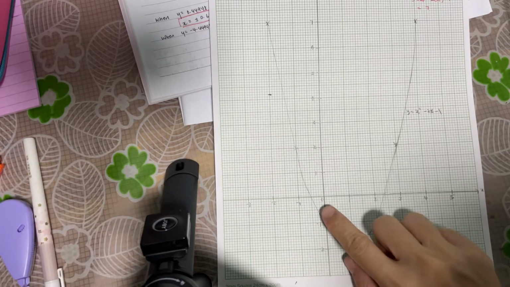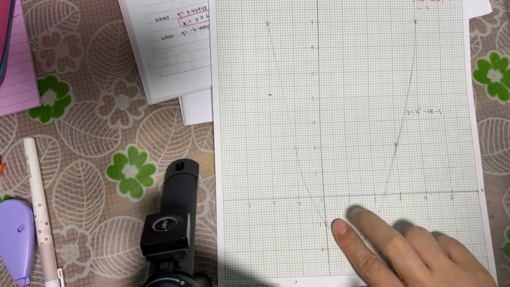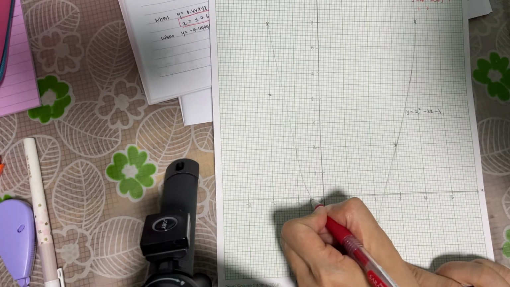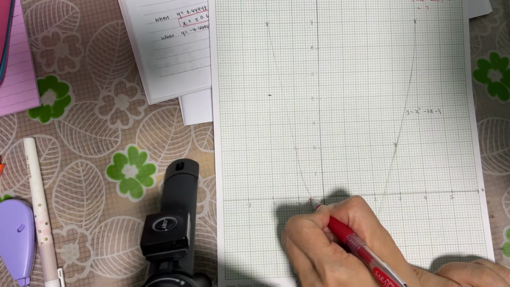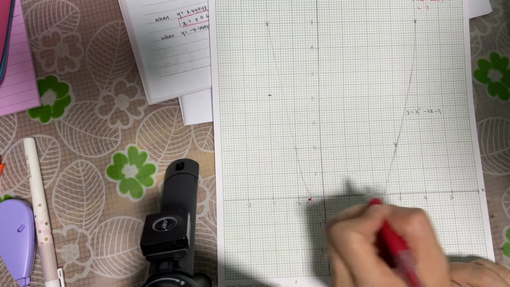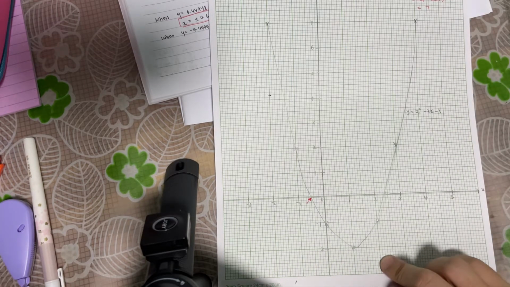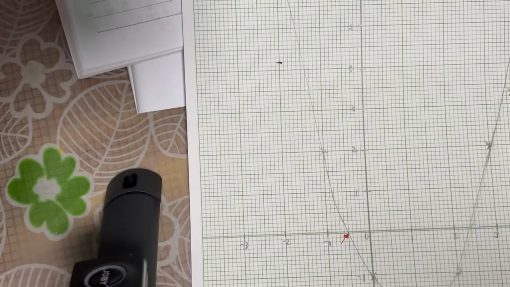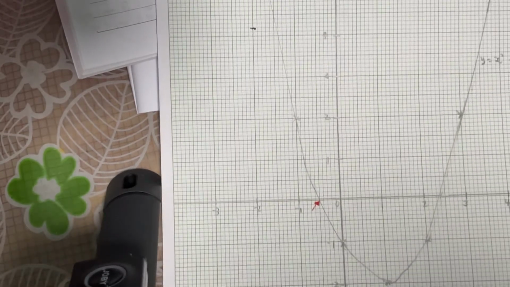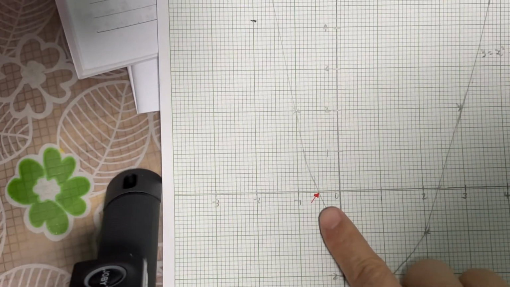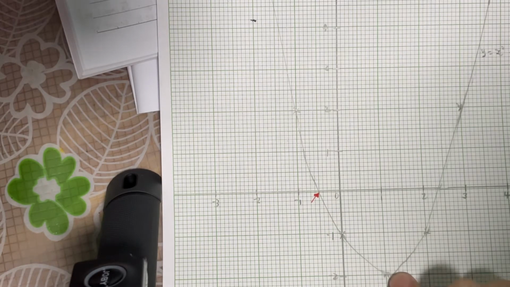Okay, so I'm going to use red pen to indicate my response. Of course, in the exam and all your practices, you should be using pencil, but just for highlighting purposes, I'm using a red pen. So this is one of the solutions to the question. Okay, and we can read off here that x is equals to minus 0.5.